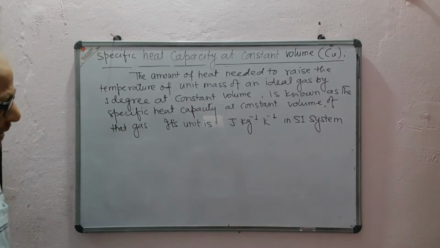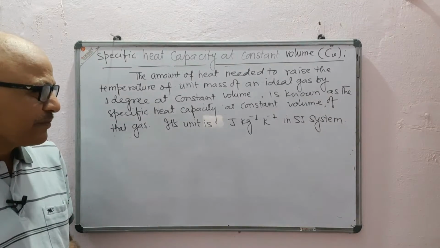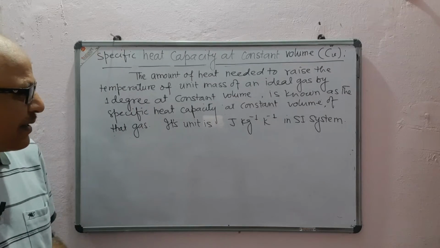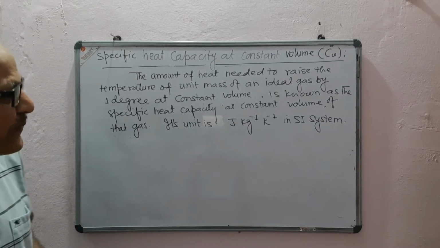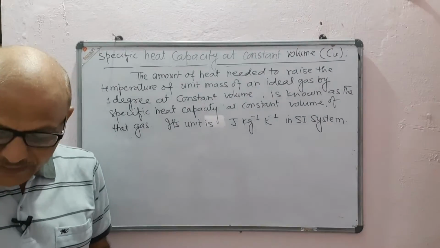Its unit is joule per kg per Kelvin. The values of specific heat capacities Cp and Cv are different for different gases.